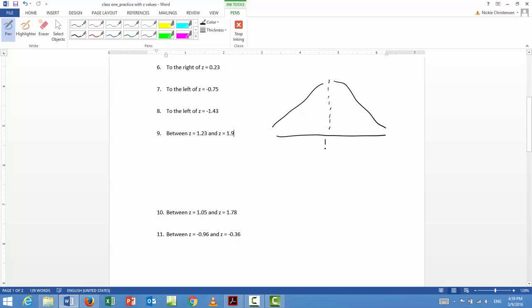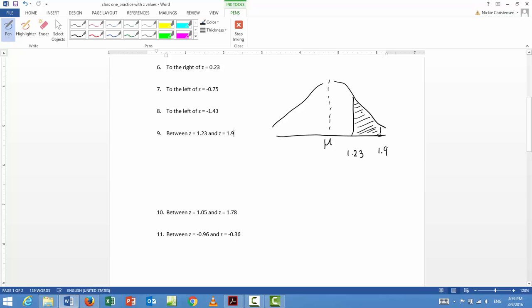Here's my mean. It's asking us to find the area between, here's my first z value, 1.23, and then I'll make my second one. I'm spreading them out more than they really would be so that we have room to see what's going on. The problem is asking us to find the area between those two values.